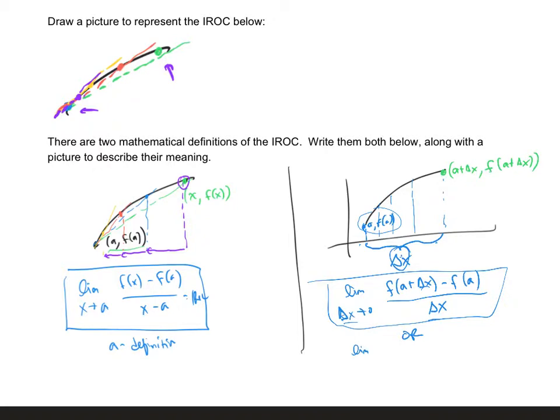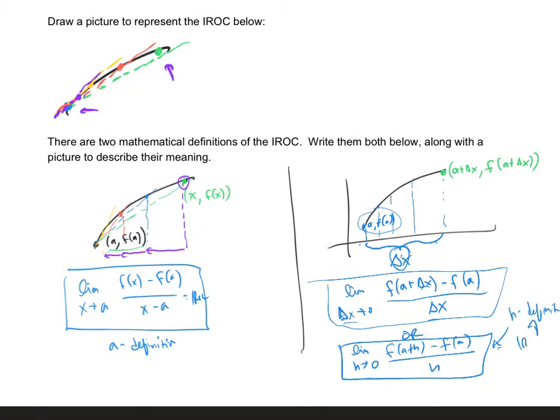And the letter that's typically chosen is h. So delta x is exactly the same thing as h. They are synonymous with each other. This is the form we will be using most often, and this is called the h definition of the IRC.